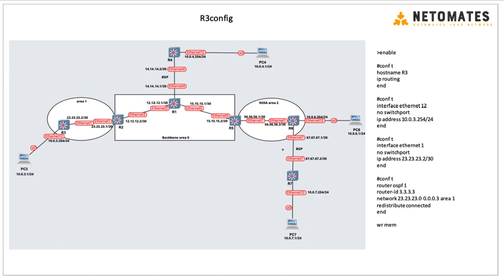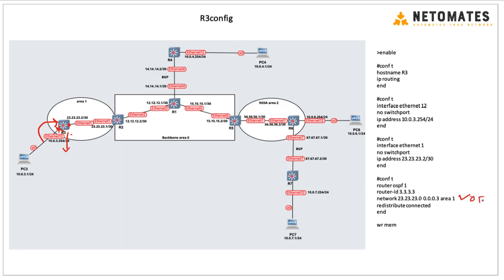Coming to R3, it is only running OSPF on this particular interface. We are not running OSPF on this other interface, so the option is we can redistribute the connected routes into OSPF as external routes.